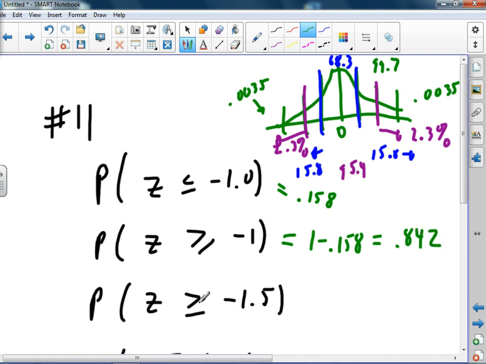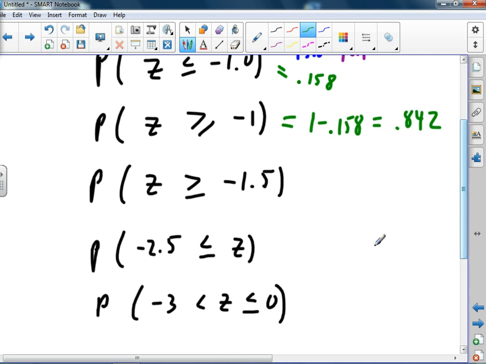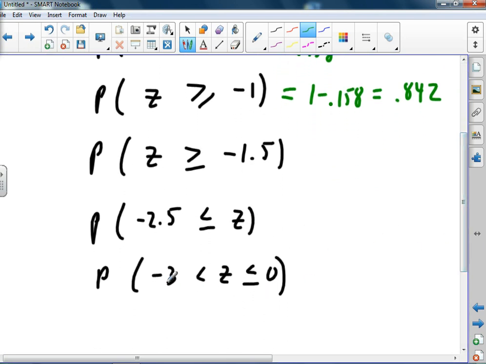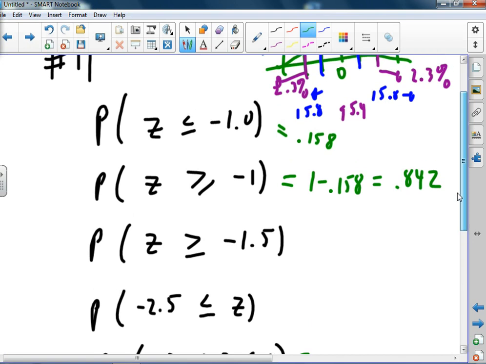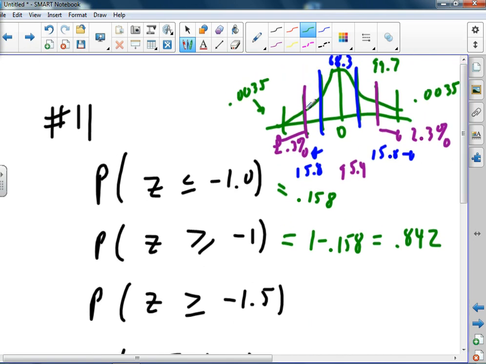Now I can't do this one because that's a half a standard deviation. My chart won't work. But if I want -3 to 0, 0 all the way that way is going to be a half.